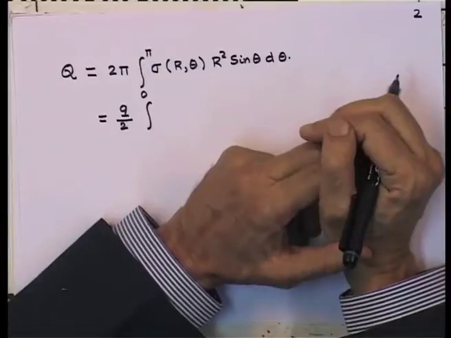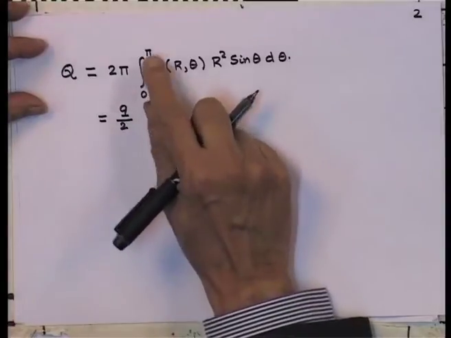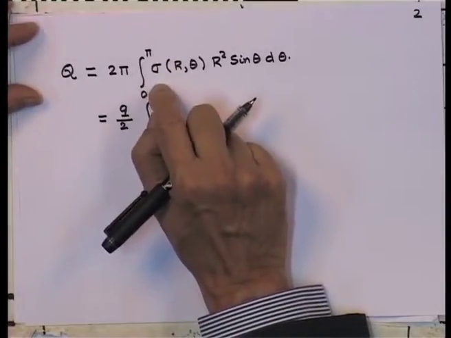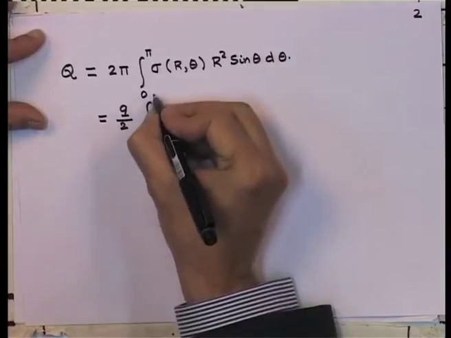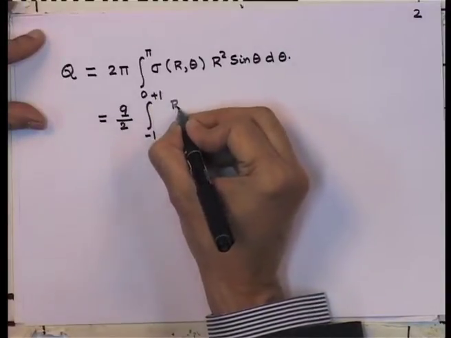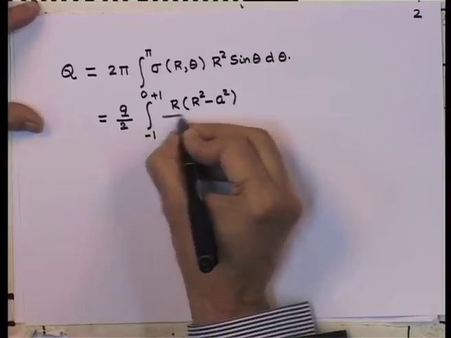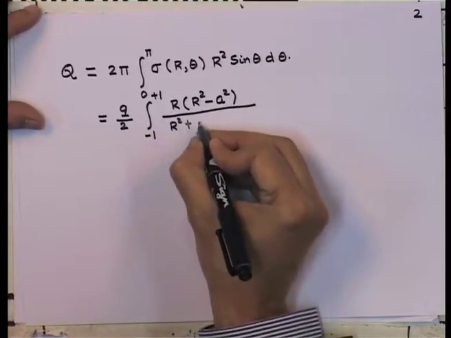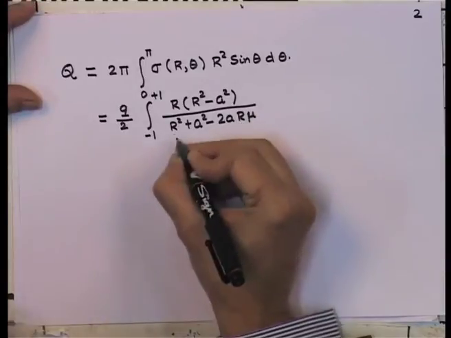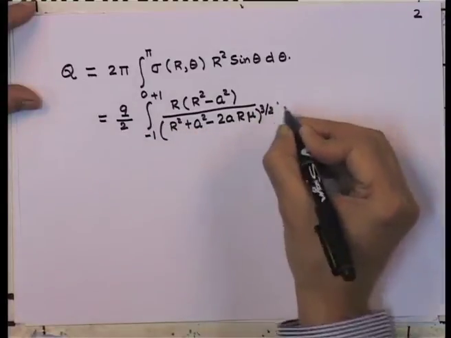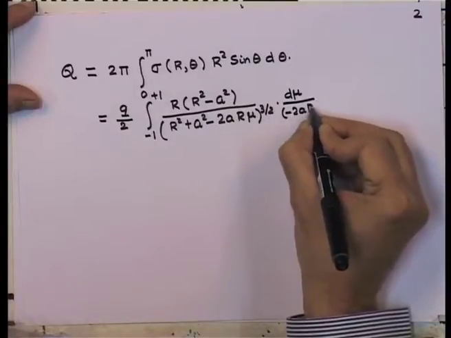So, sin theta d theta gives me minus d mu, and of course, the limits of the integration over theta from 0 to pi become from 1 to minus 1, but because of this minus sign, it is from minus 1 to plus 1, and I have got r square minus a square divided by r square plus a square minus 2 a r mu to the power 3 by 2, and of course, I still need my Jacobian, which is minus 2 a r.